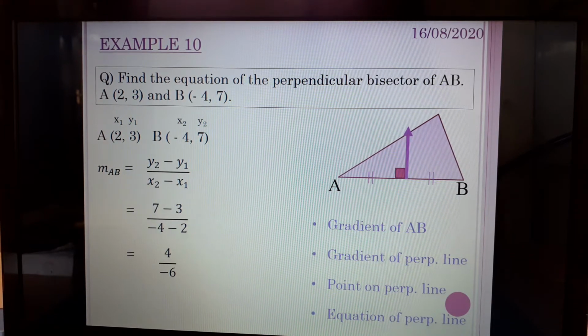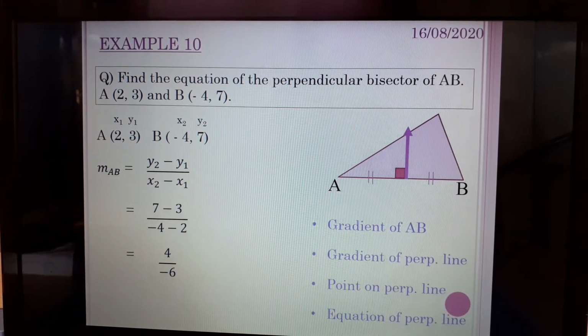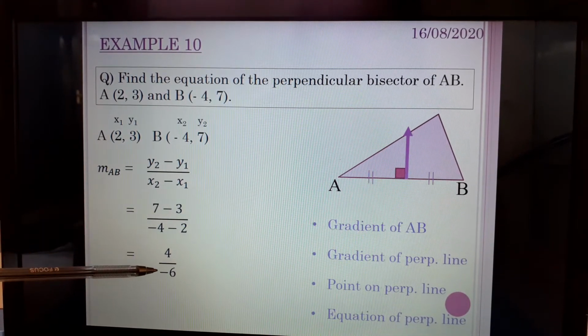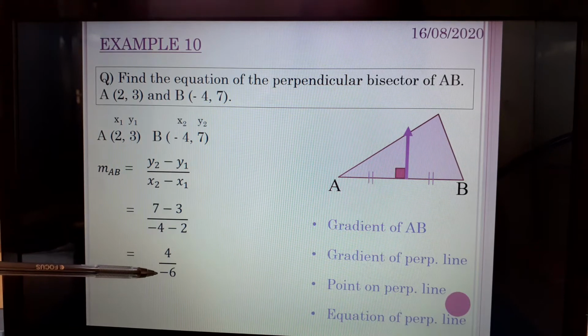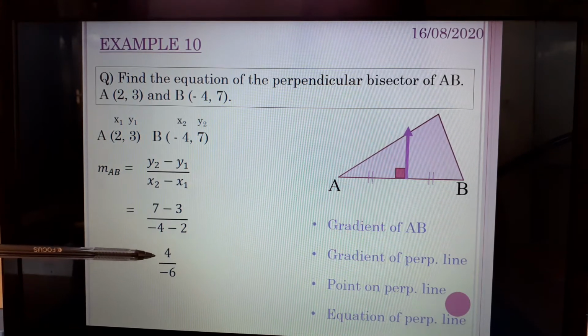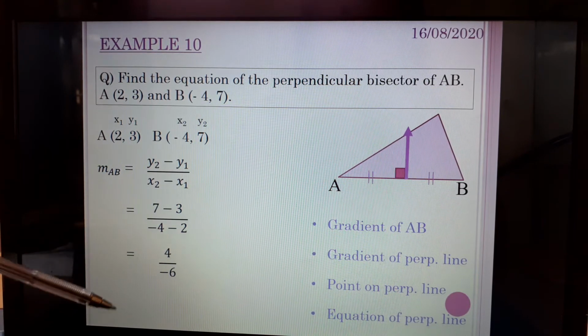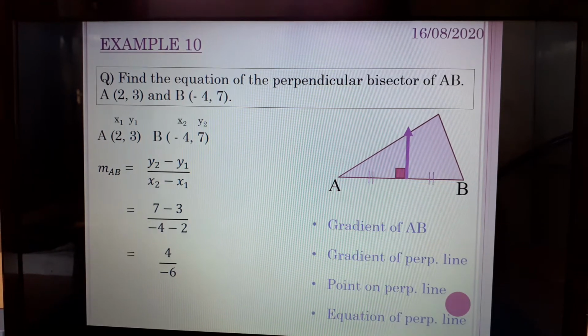That's 4 over minus 6. Now you have to be careful here because we're going to be left with a fraction. What you've got to watch is that you don't leave the negative on the bottom of the fraction. You recognise that that's a positive divided by a negative. So we want the negative to be overall just in front of the fraction to show that you know it's an overall negative fraction now.